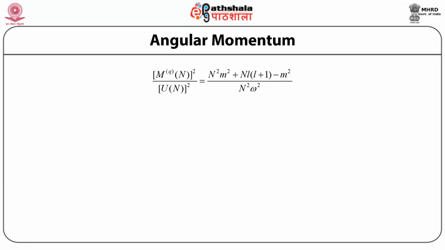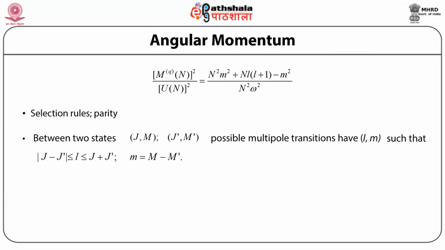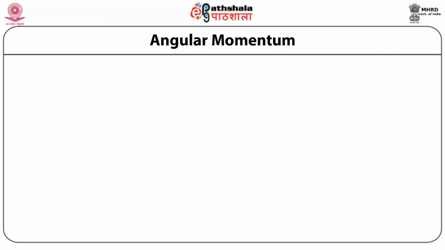Now let us see the selection rules and parity. Between two states J, M and J′, M′, possible multipole transitions have L, M such that |J − J′| ≤ L ≤ J + J′ and M = M − M′.